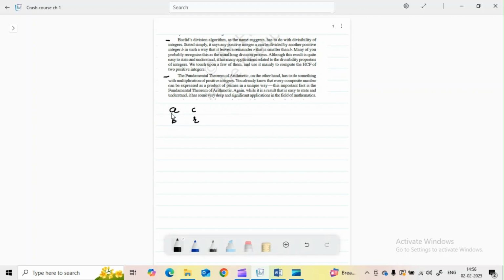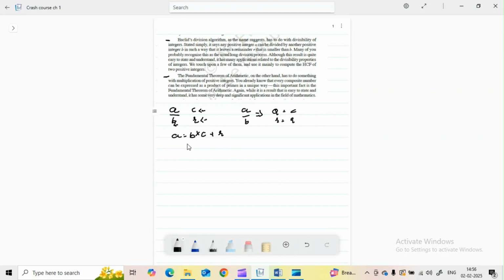So we can divide any number with divisor having quotient C and remainder R. So if we divide A by B, then we are having quotient equal to C and remainder equal to R. This is what Euclid's division algorithm states. So we can write any number A as divisor B times quotient C plus R.